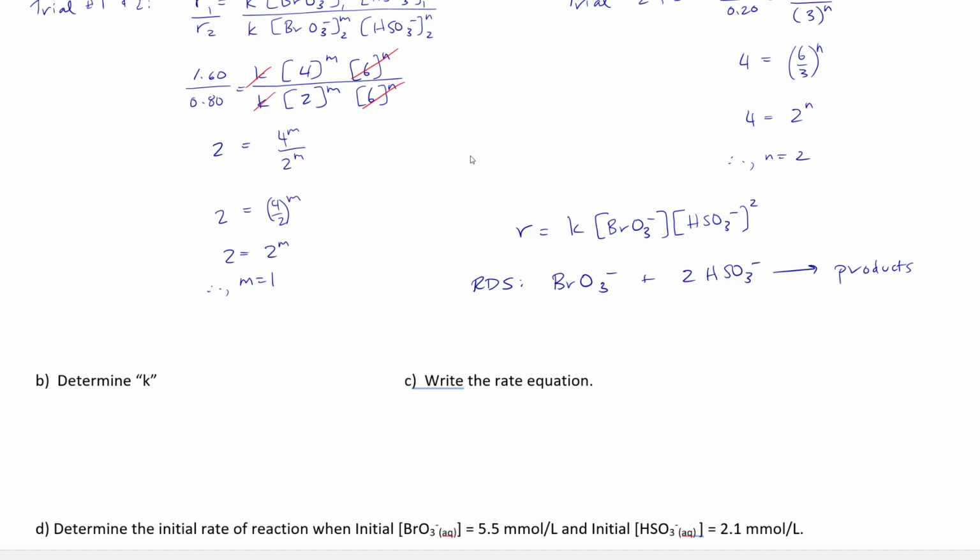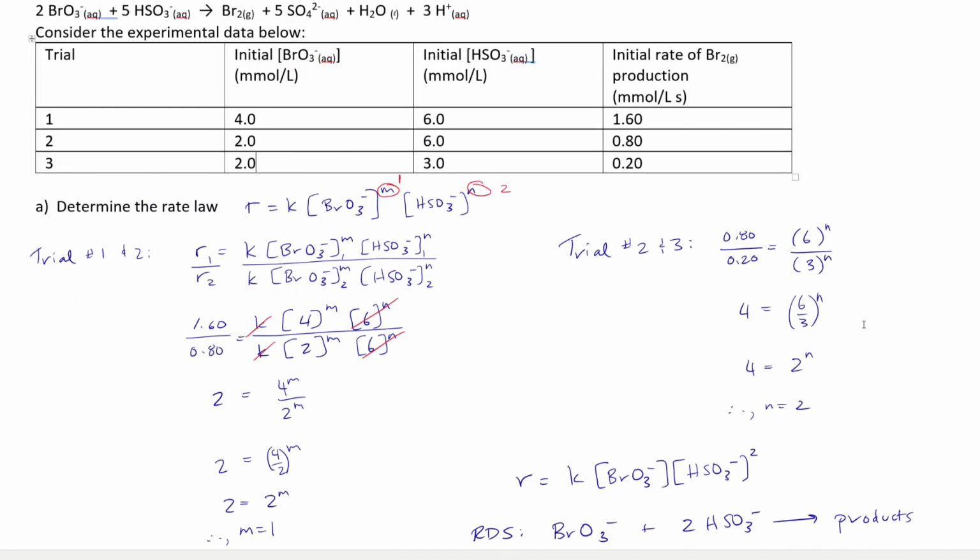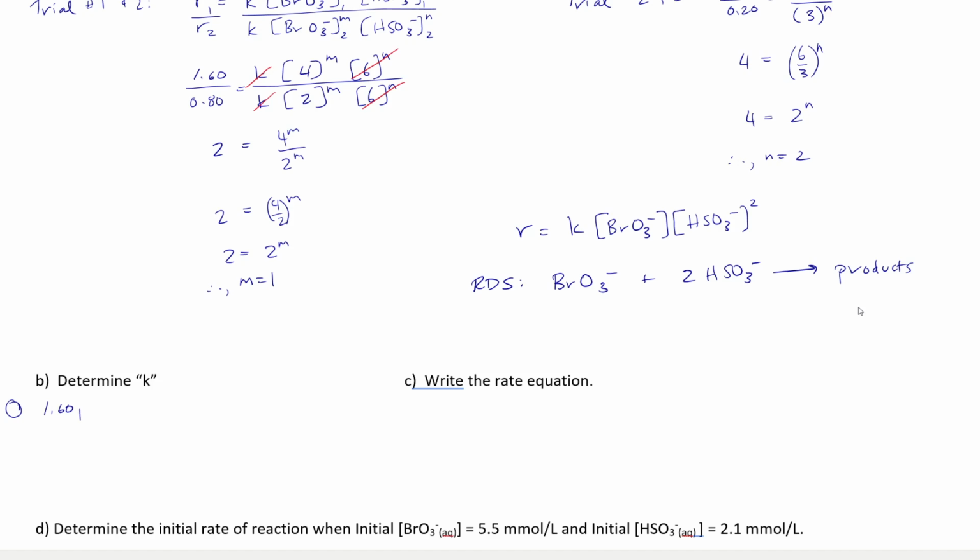So if I looked at trial number 1, okay, I would have 1.60 as the rate, and it's millimoles per liter per second. Millimoles per liter second is equal to the K value times the initial concentration of bromate, which I know is 4 millimoles per liter, times 6 millimoles per liter, then squared, based on my rate law that I have over here.